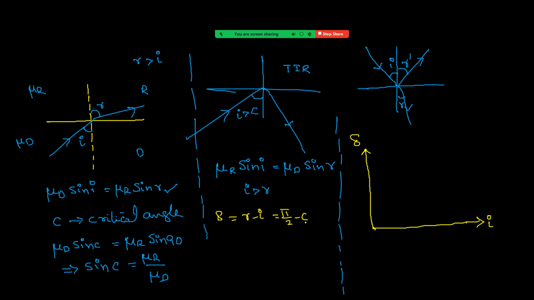And when you are taking only reflection, then deviation will be pi minus 2i. So we have two parts here. Up to C, this is the relation. Beyond C, pi minus 2i. Means up to C, the curve is not a straight one, but after C, the curve becomes a straight line.